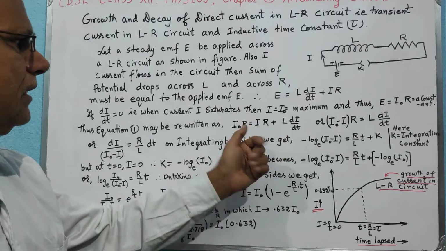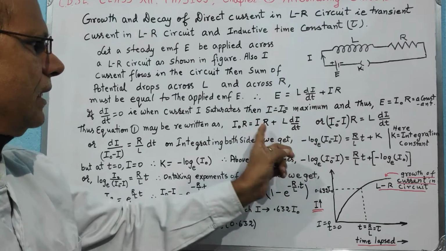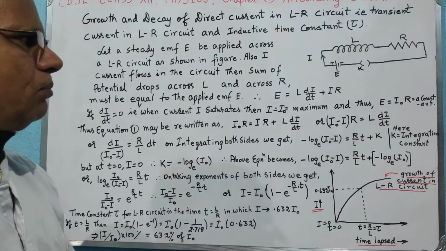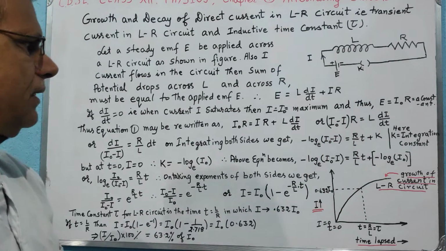If we rearrange it, taking IR to the left hand side, we get I0 minus I, with R as common, equal to L di by dt.